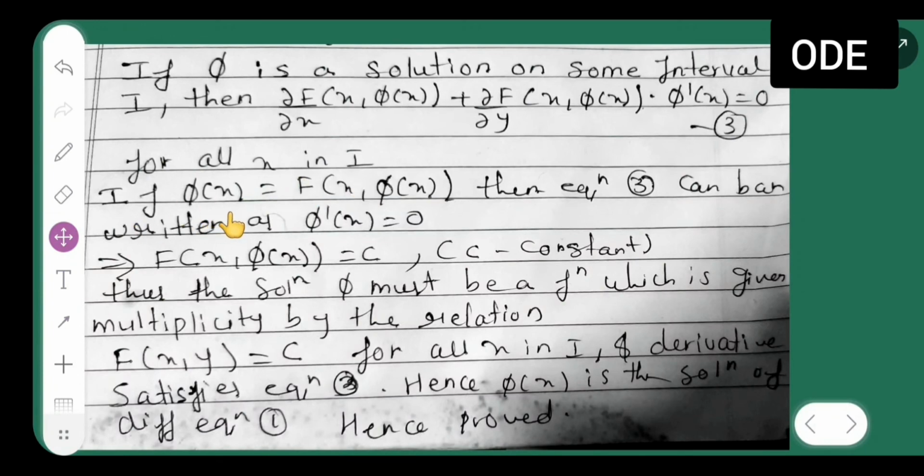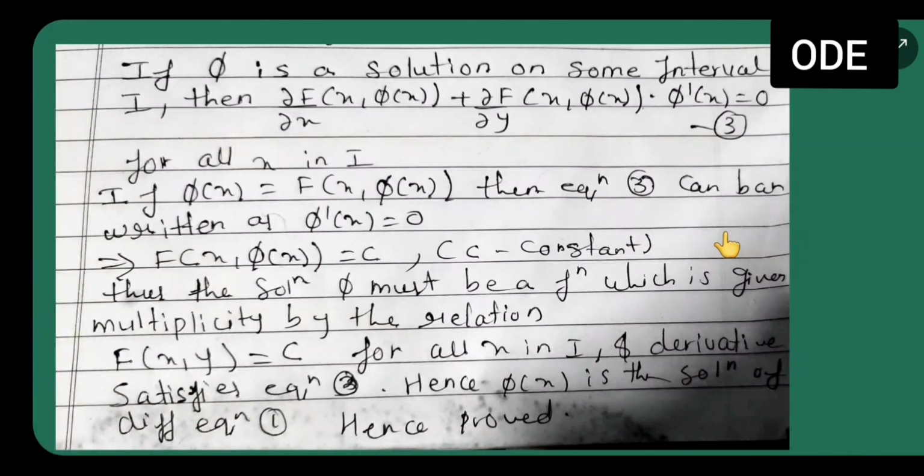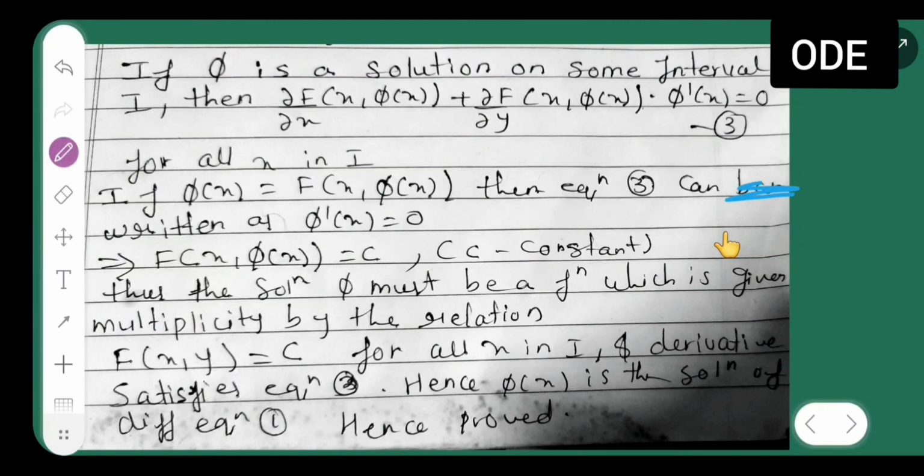Now if phi of x is equal to f of x comma phi of x, then equation 3 can be written as phi dash of x is equal to 0. Now this implies that f of x comma phi of x is equal to c, where c is a constant.